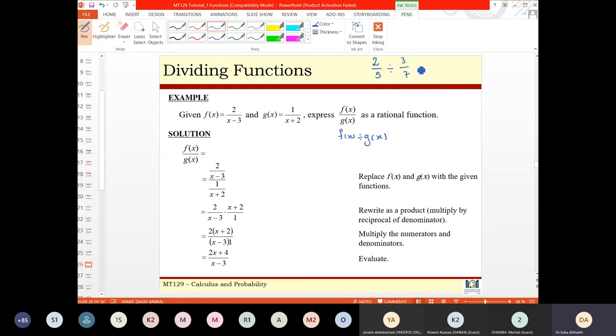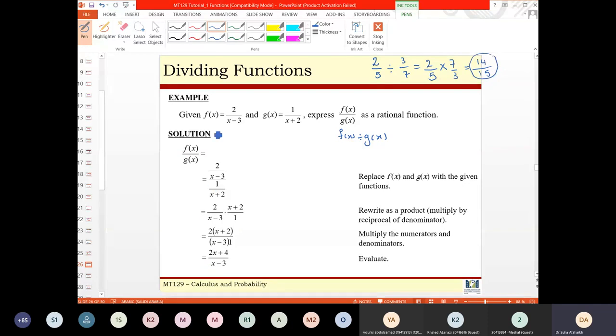So the division here is equal to 2 over 5 as it is. The division changed to multiplication. We flip the 3 over 7 to be 7 over 3. The reciprocal, we flip it up and down. Then it became a multiplication. So simply I can multiply 2 times 7, 14, 3 times 5, 15, and this will be the answer.